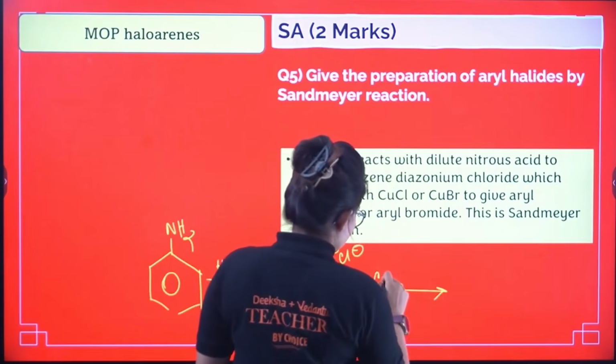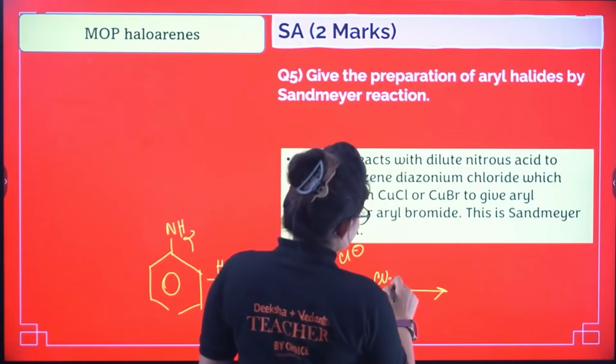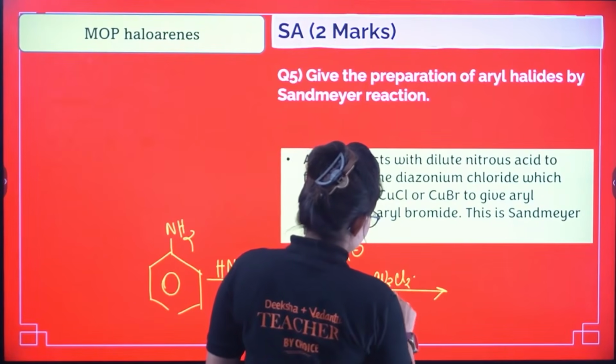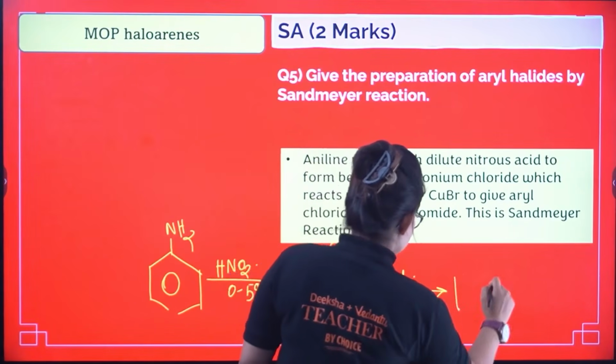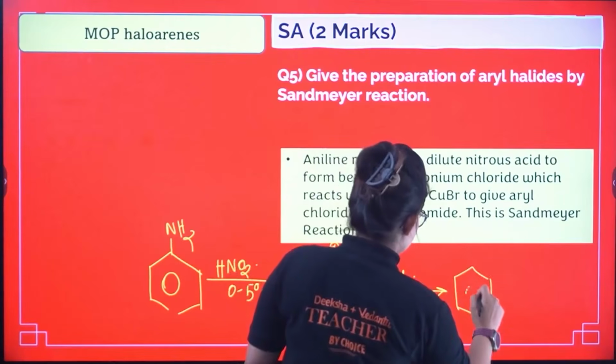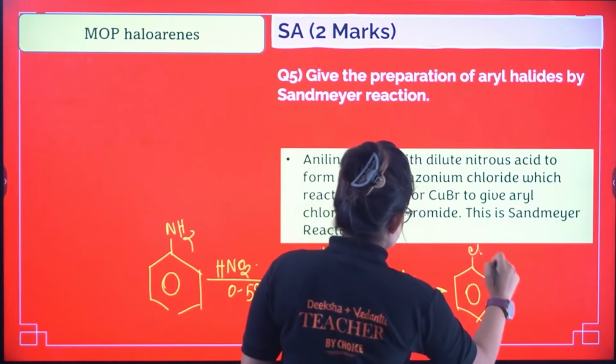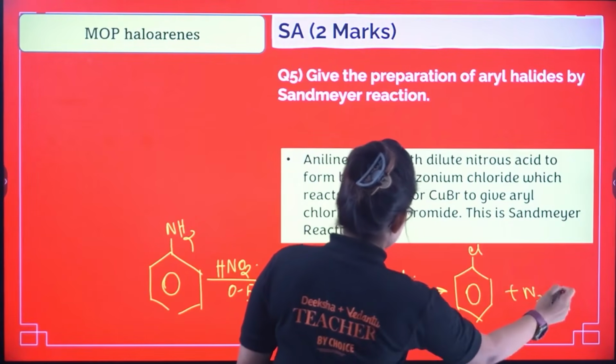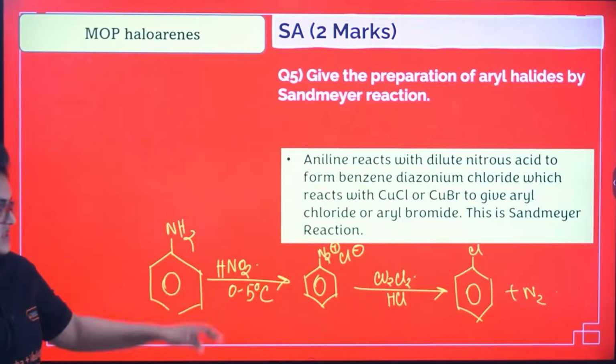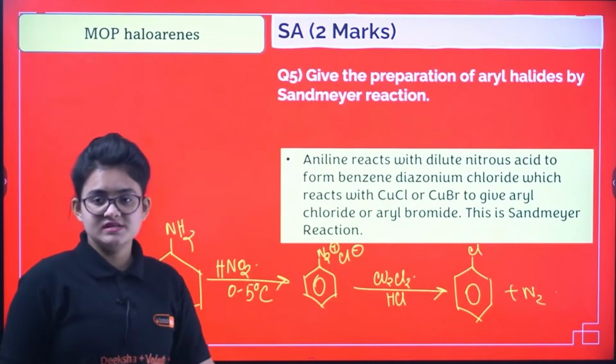If you now give Cu2Cl2 in presence of HCl, the entire N2Cl group goes, Cl comes in its place, and nitrogen gas is eliminated. This step is called Sandmeyer's reaction.